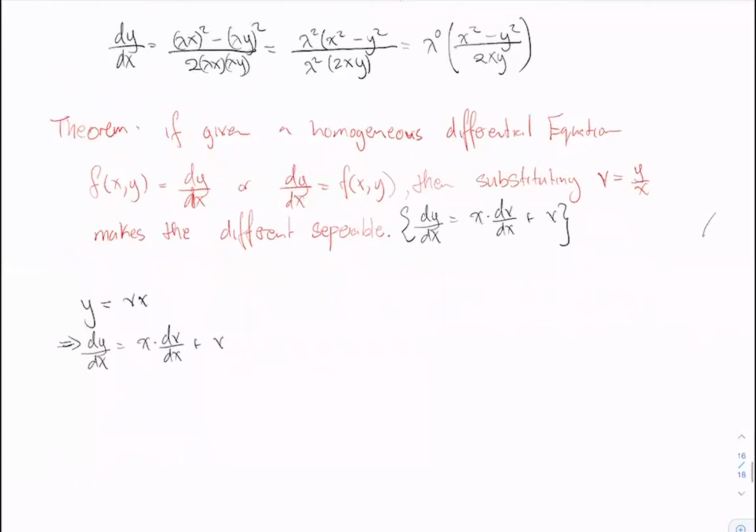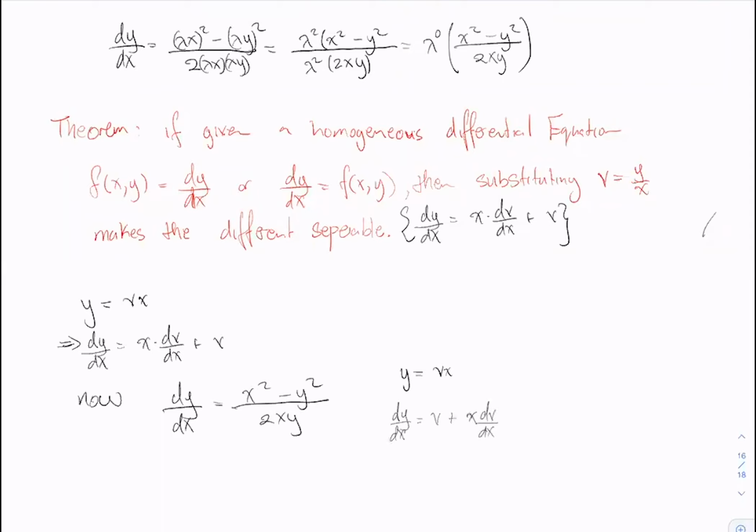So now, back to our original differential equation, dy dx equals x squared take y squared over 2xy. So wherever I see y, I'm just going to substitute y equal v times x, and wherever I see dy dx, I'm just going to substitute dy dx equals v plus x dv dx.